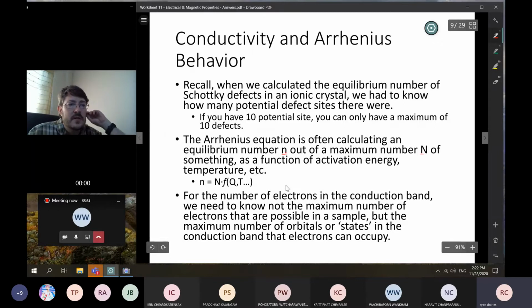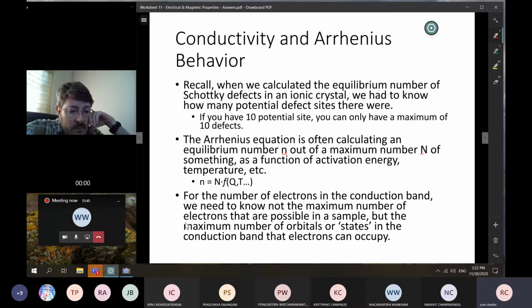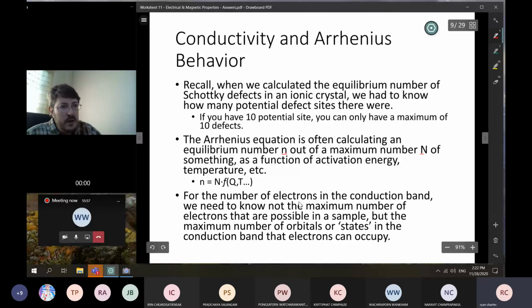For the number of electrons in the conduction band, we need to know not the maximum number of electrons that are possible in the sample, right? You might think, okay, we know what the material is. We know the atom. We know the number of electrons it has, and we assume that they all go to conduction. No, it doesn't work that way. We need to know the maximum number of orbitals or states in the conduction band the electrons can occupy.